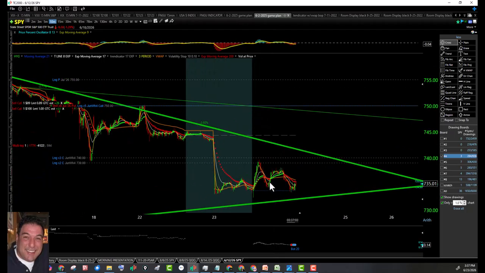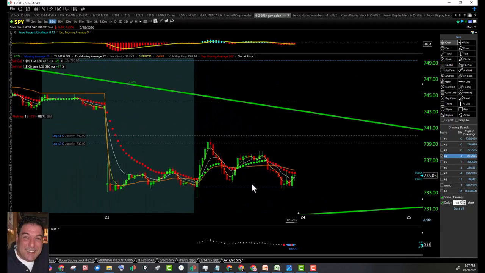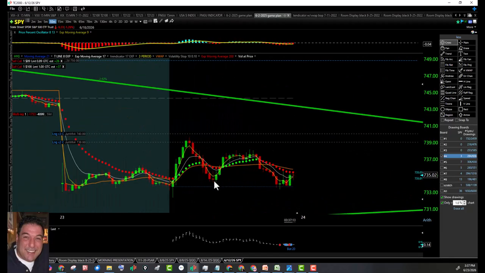I was looking to buy the pullback, and I did, and I made a little bit of money on the pullback, but not much, because you can see it pulled back much deeper than I expected. Okay, you can see I usually like it to pull back to minor support, which would have been either this hump high in the pre-market or this first candle high in the pre-market.